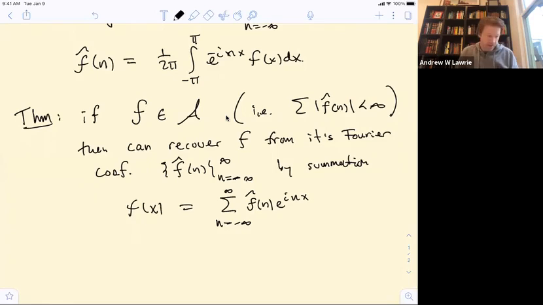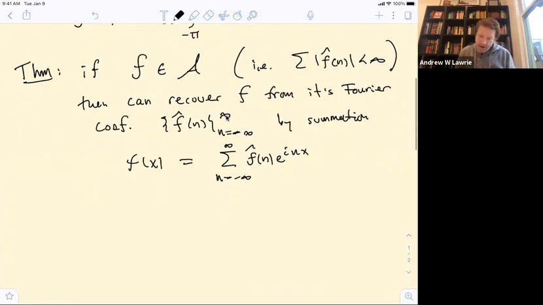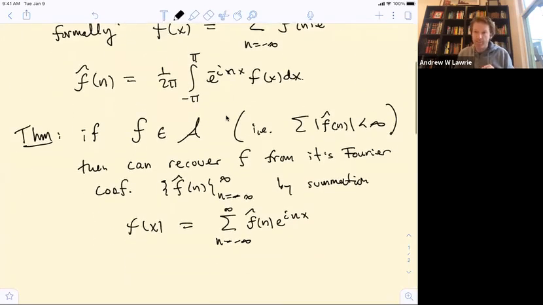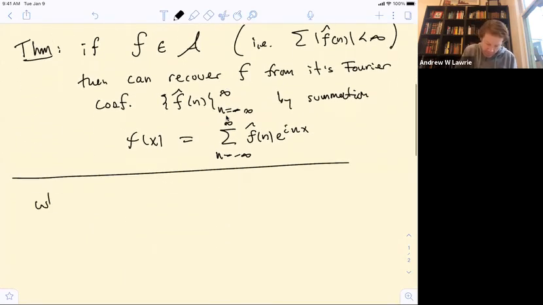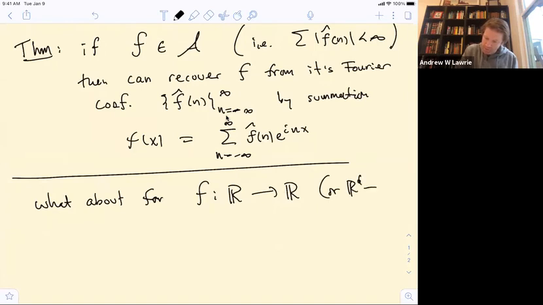All right. So let's now discuss the same problem for functions. What if f is from R to R, or R^d to R, which we'll get to in a second.